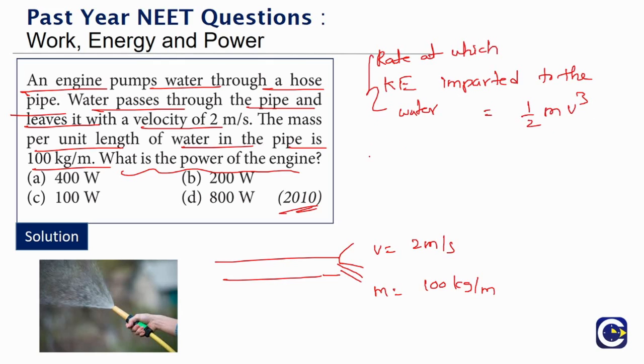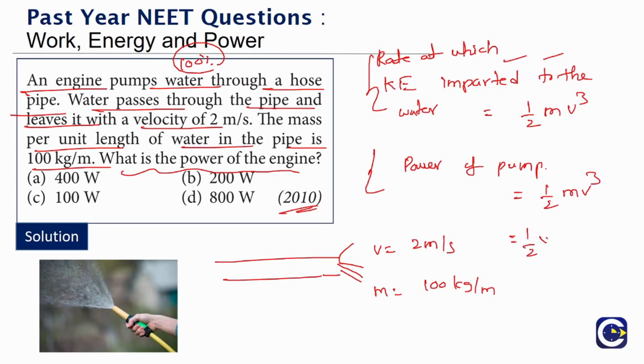Now this is also assuming the water engine or water pump is under 100% efficiency. Whatever the rate at which the kinetic energy is imparted to the water, the same will be the power of the pump, because the kinetic energy for the water is coming from the work done by the pump, right? So what will be the power of the pump formula? Half into m into V cube.